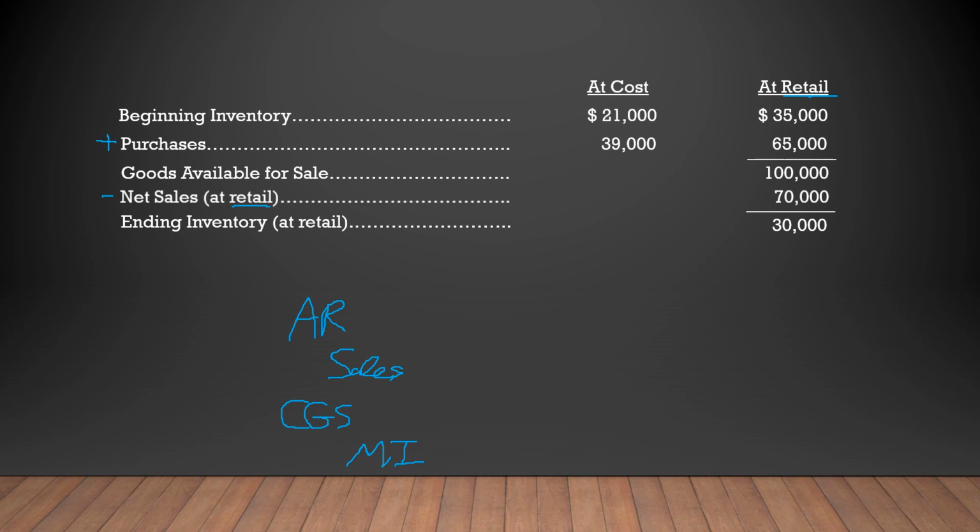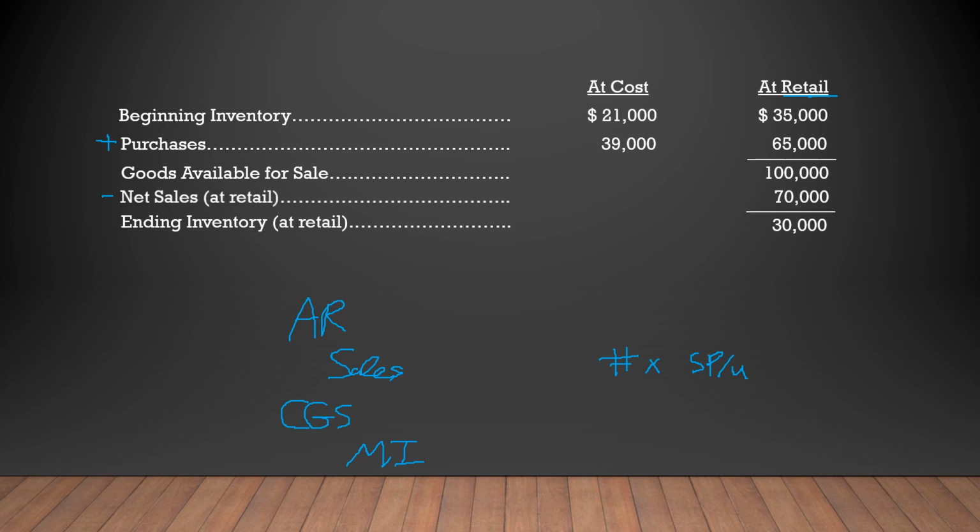Our credit to sales consists of the number of units sold times the retail sales price per unit. So even if we didn't have the at retail on this line, hopefully, you'd be able to reason to which column it applies.